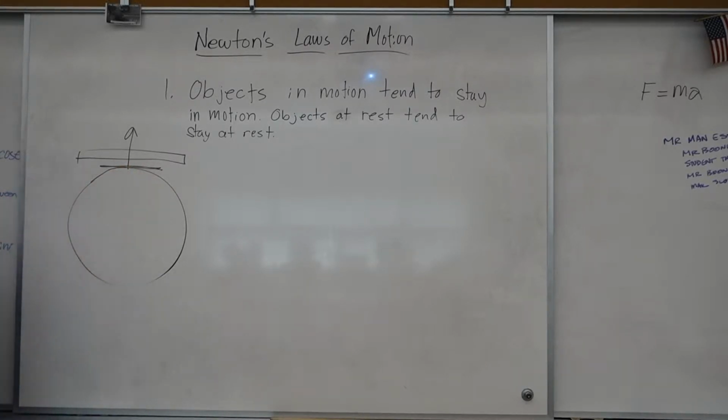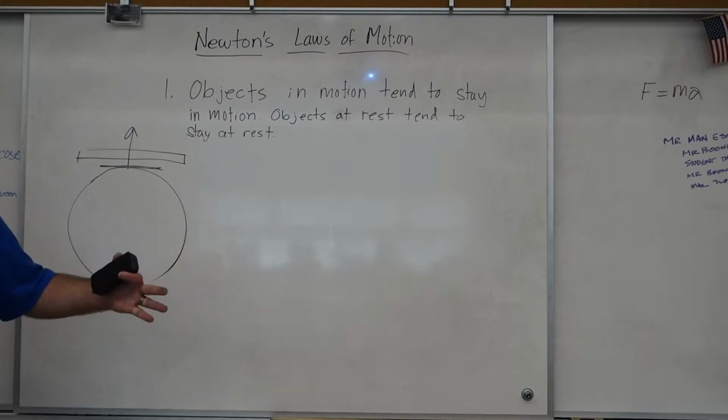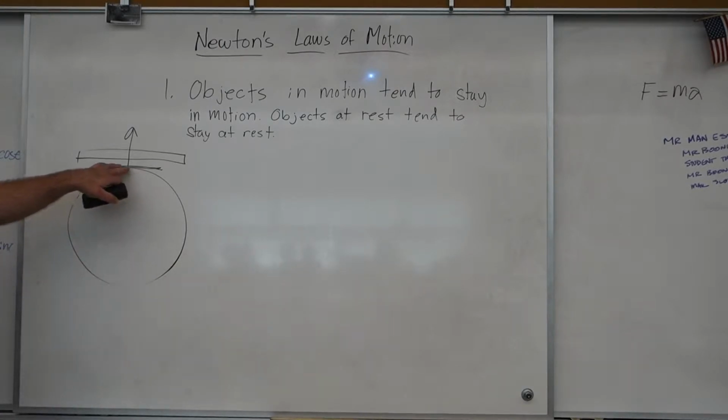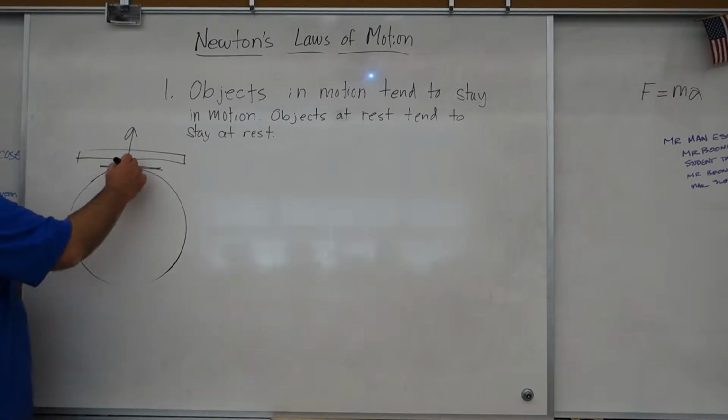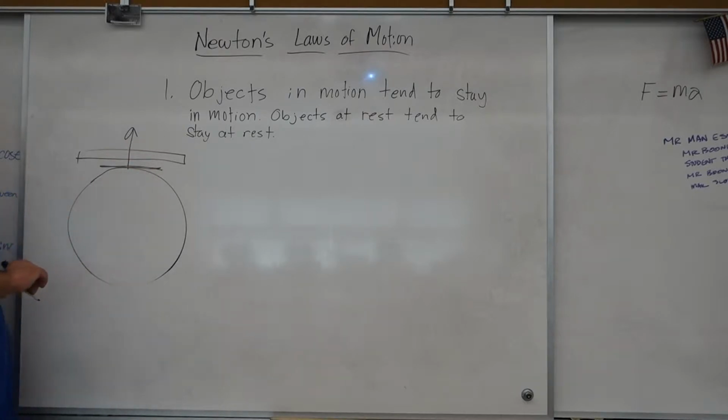Or in this case, it's a three-dimensional object, so it'd be a tangent plane. If it's a tangent plane that I draw on the surface of the ball, the normal force would be perpendicular to the surface, perpendicular to that tangent surface.